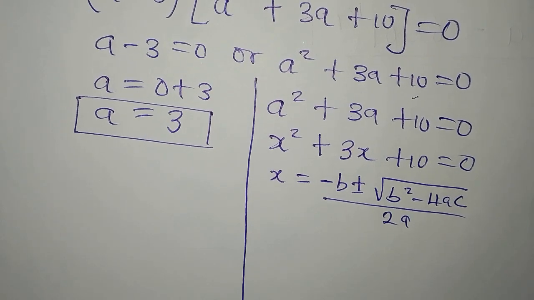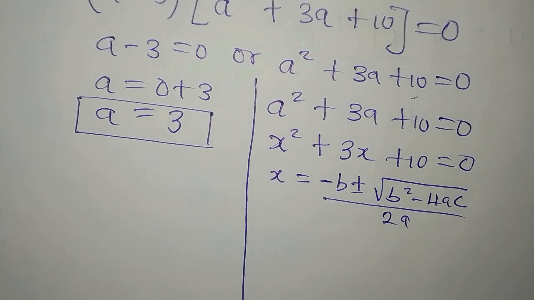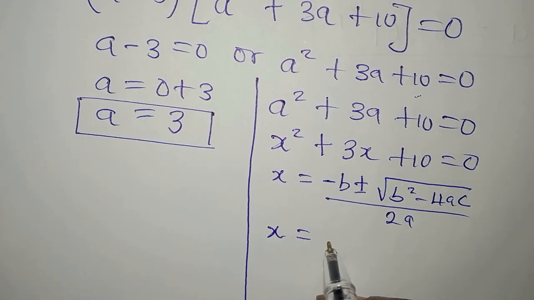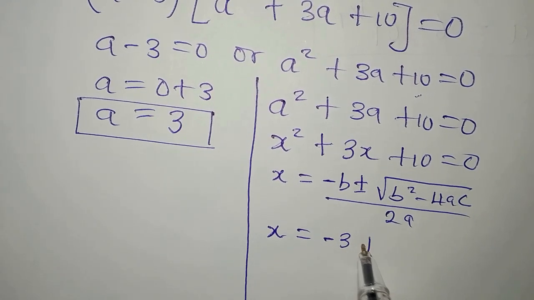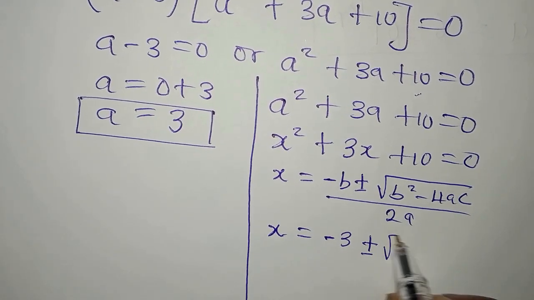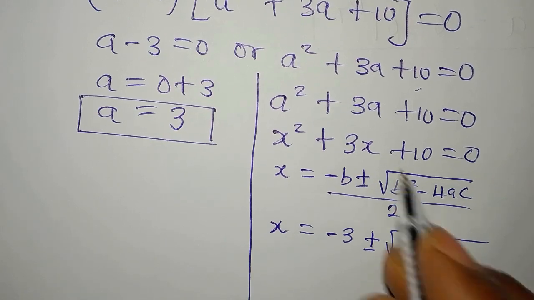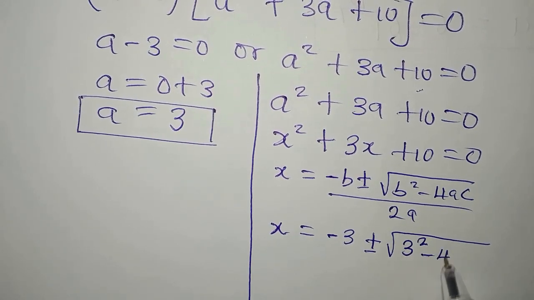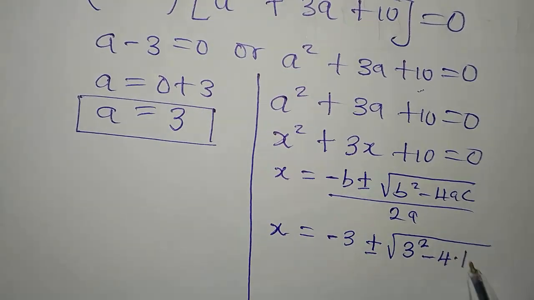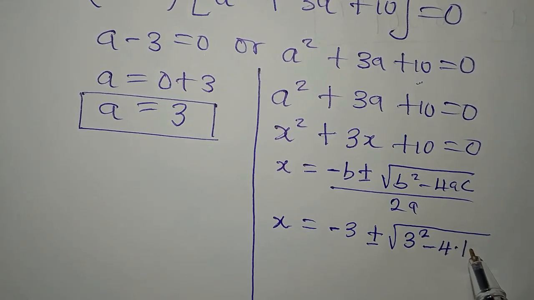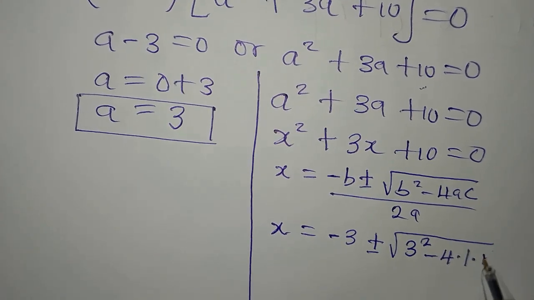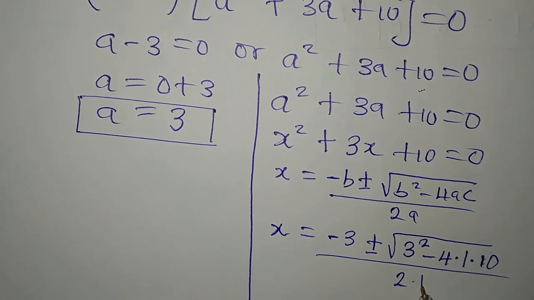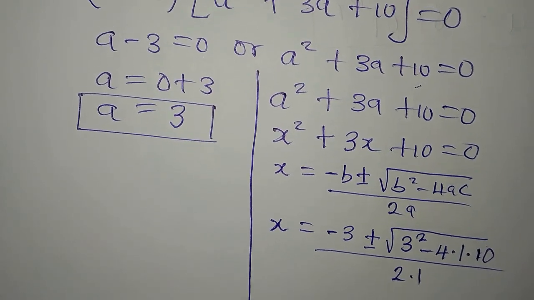Now, our a is the coefficient of x squared, and that is 1. So x will now be, in place of minus b, I'll write minus 3 plus or minus, b squared will now be 3 squared as well. Then minus 4 times a is 1 times c, and our c is 10. So write 10 over there.